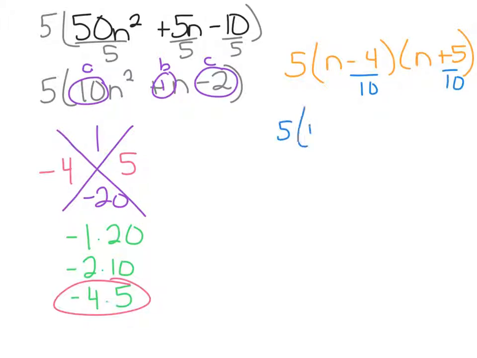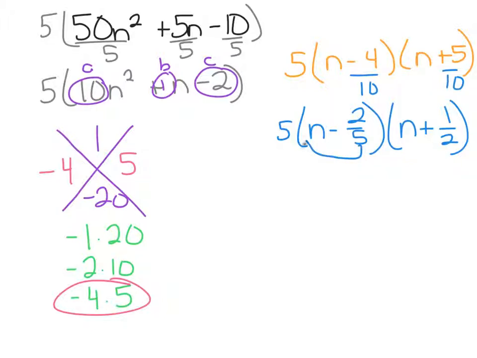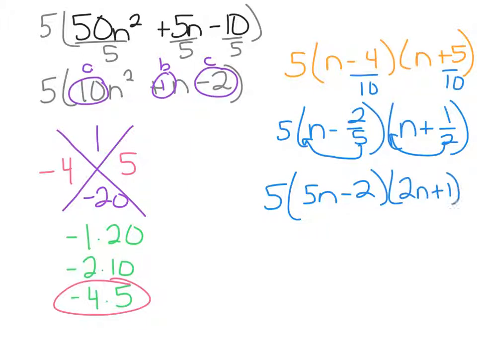So this one reduces to 2 over 5, and this one reduces to 1 over 2. So we'll slide this 5 over, slide this 2 over. So 5n minus 2 and 2n plus 1.